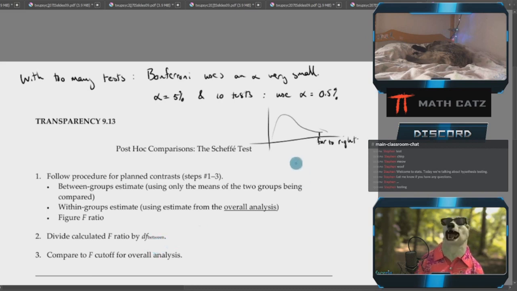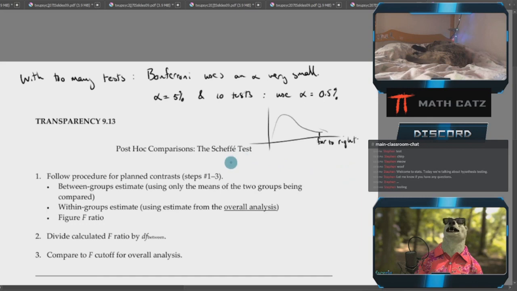I have 2 options, basically. I can shift my cutoff line further to the right, or I can scale my F ratio that I calculate back. These 2 things need to be adjusted. So Bonferroni shifts the cutoff line to the right, but with many tests, it's a little too far for me to actually have a practical use for it.